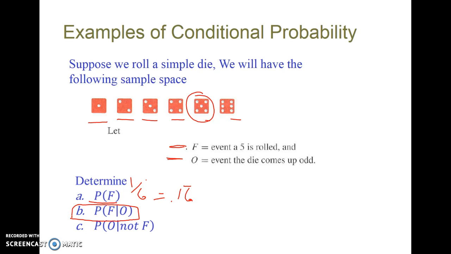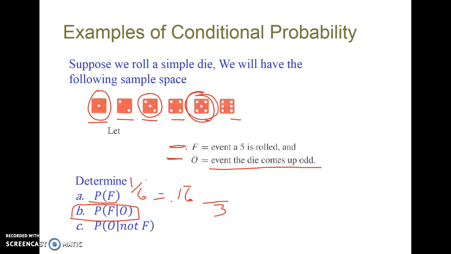If we move on to part B, this is read as the probability of F given that O has happened. Remember that O is the event that the die comes up odd. Well, there's a 1 that's odd, a 3 that's odd, and a 5 that's odd, so there are only 3 possible outcomes that are odd. We know it's one of those 3.